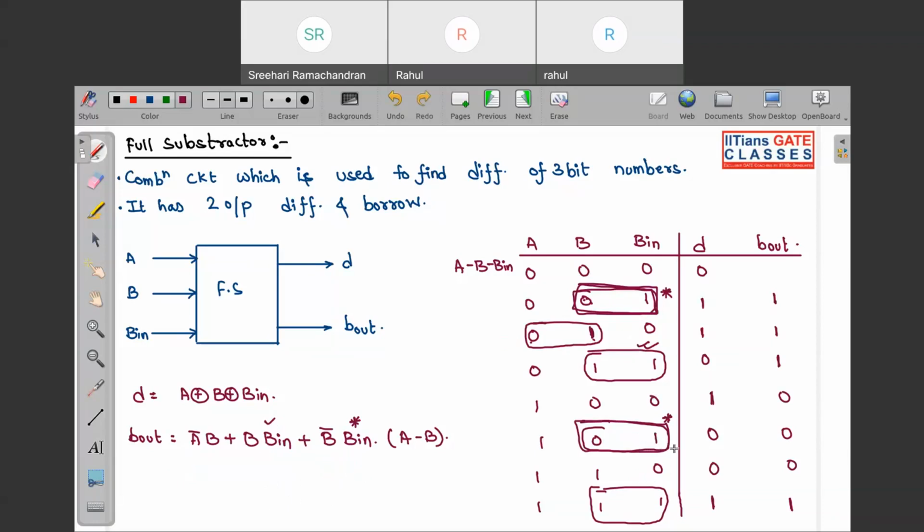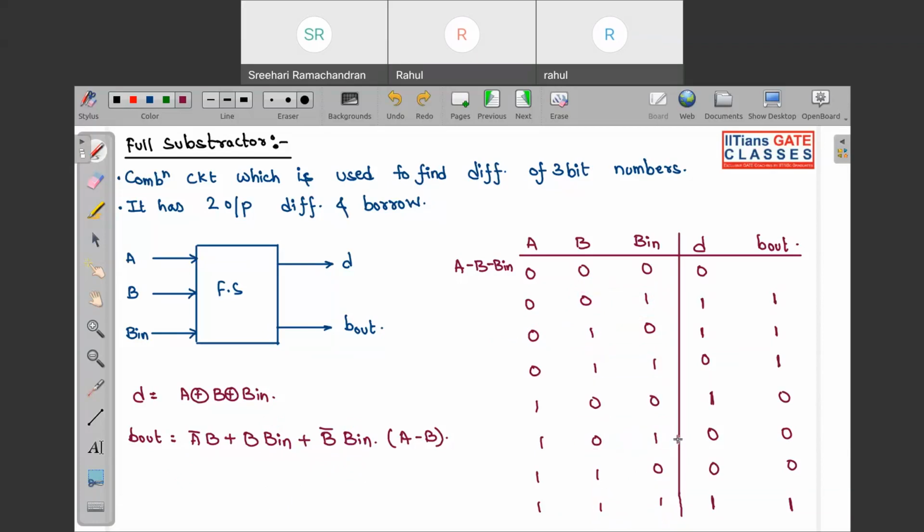Wait a minute. So at this place, I did not have borrow. Sorry. Wait. So B is 0, B in is 1. So where is this place? If you check in the borrow, so only in this place. At this place you have. Okay.